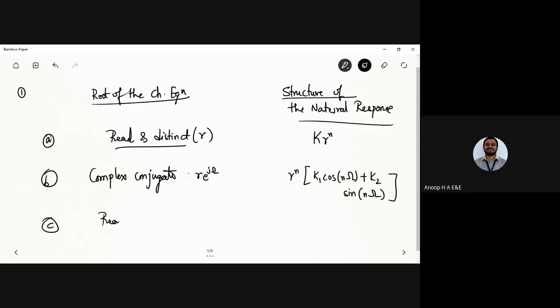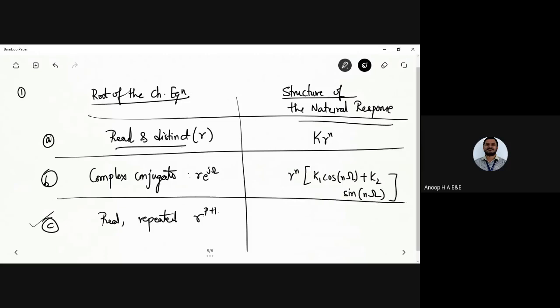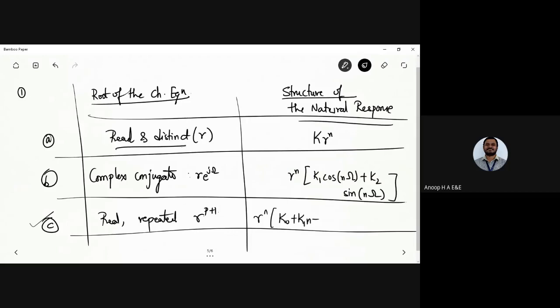So next I have real and repeated. So r being repeated, you will be having repetitive roots, as I already mentioned in the continuous time domain. So here, in the discrete time domain, you are going to have three such natures of characteristic equation roots. I can have r power n, k naught plus k1 n plus k2 n squared.